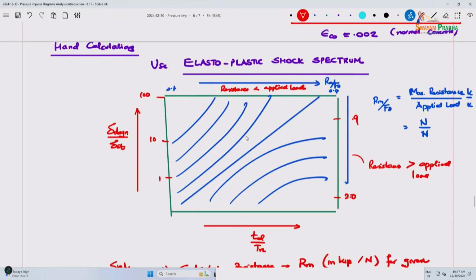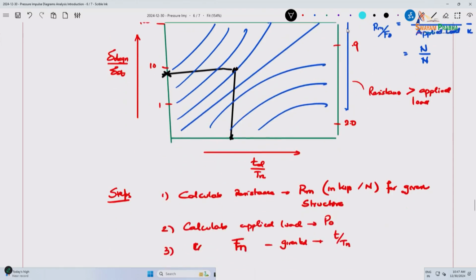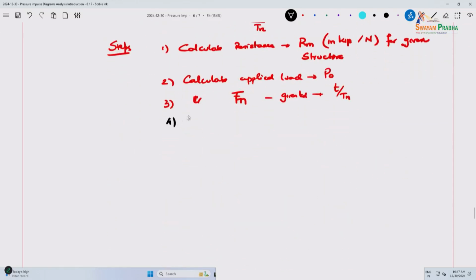Then, for example, given a Td by Tn and Rm by F naught, you go here, and then determine the delta dynamic by delta static.